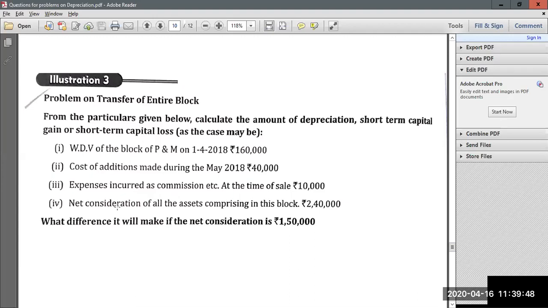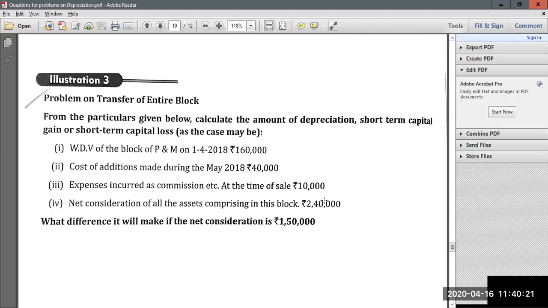Now they have given net sale consideration of all the assets comprising in the block as 2,40,000. This net sale consideration is nothing but your total value for selling the assets. That means whatever assets they had, that is 1,60,000, and new additions whatever they have made, 40,000, both they have sold. That means the entire asset has been sold. That is why they have given net consideration of all the assets comprising in the block. So all the assets in the block are sold for rupees 2,40,000.